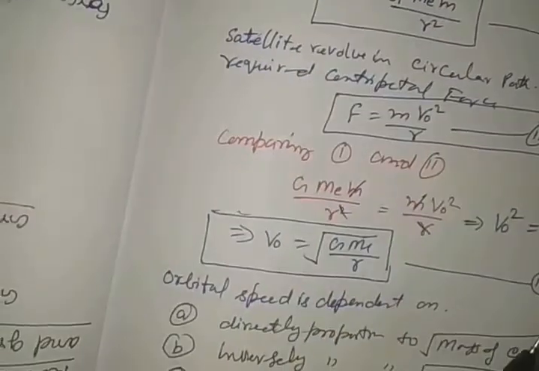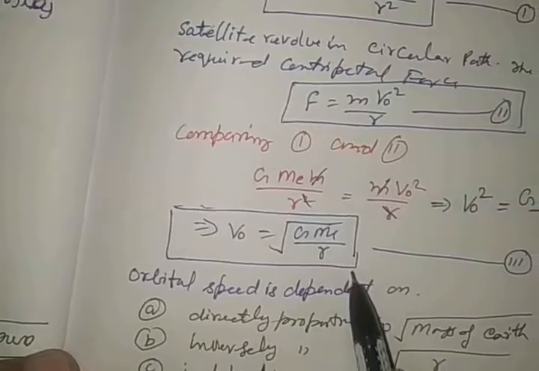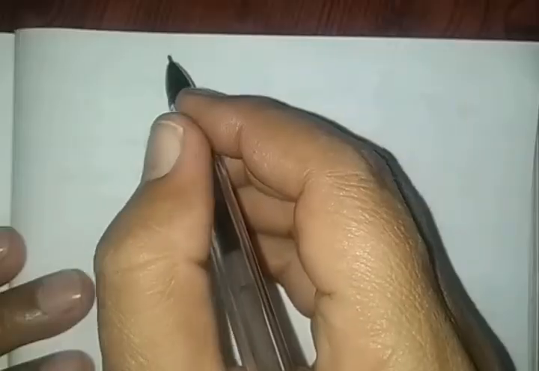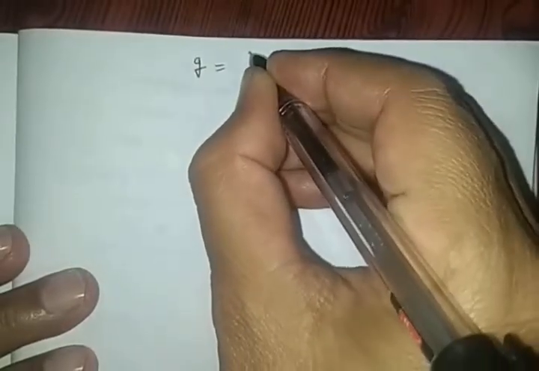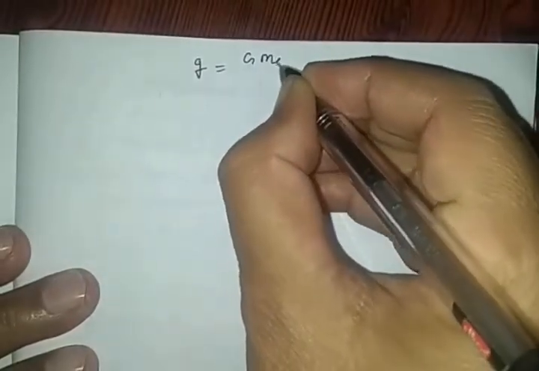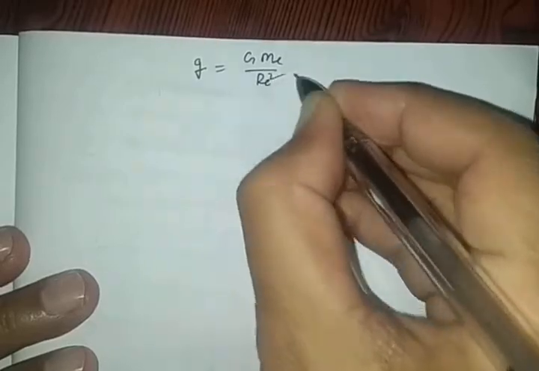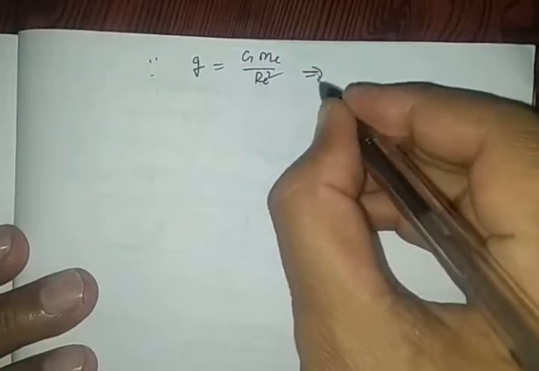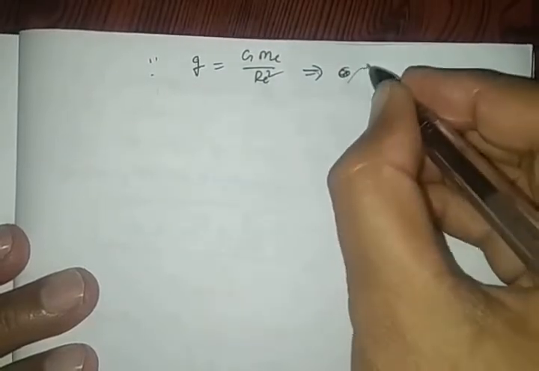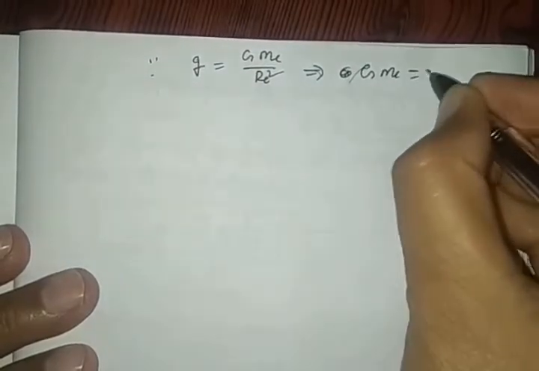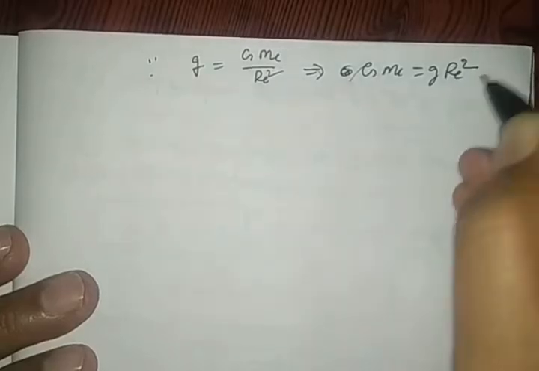Now this equation can also be written in another form. Since we know that g is equal to G ME by RE square, this implies that G ME is equal to g RE square.